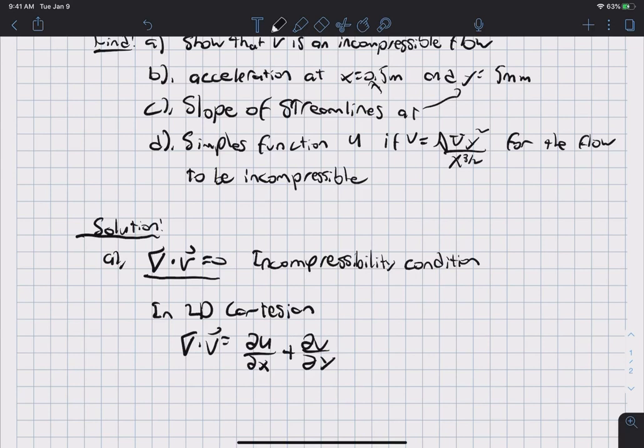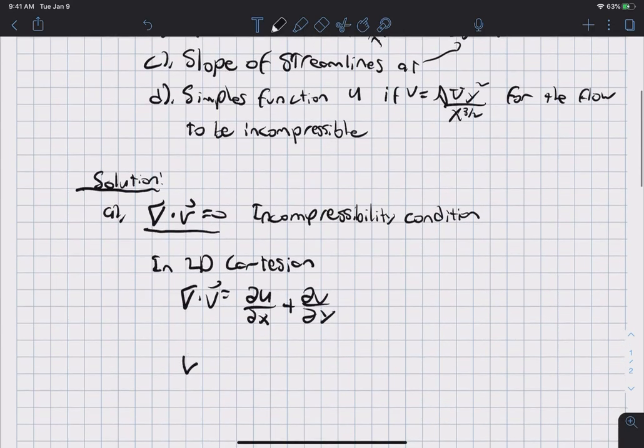So here, for the velocity vector, we have u is equal to the i hat component, which is a times cap U y over x to the 1/2 power, and v equals a times cap U y squared over x to the 3/2 power.